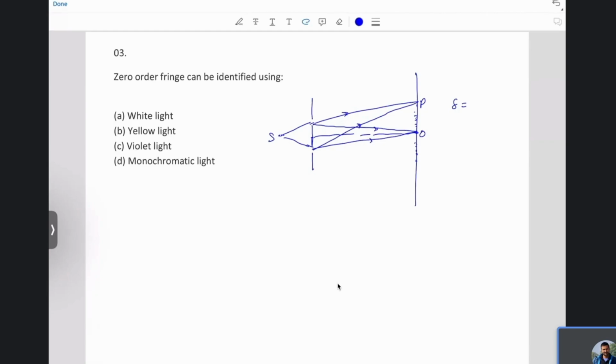In this way you can identify the zero order fringe using the white light. So that is the concept behind it.